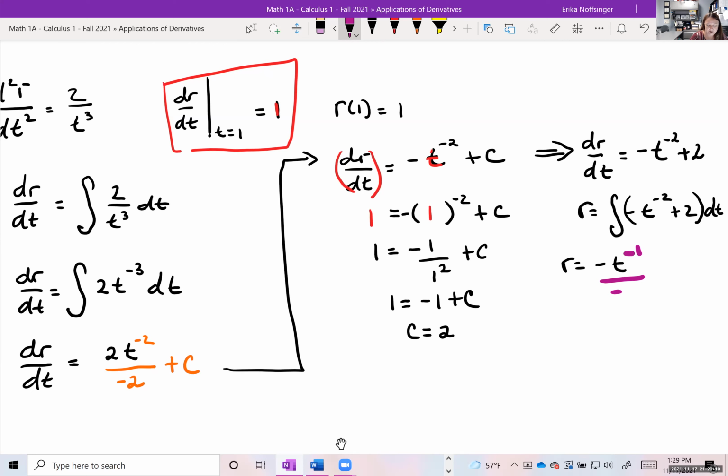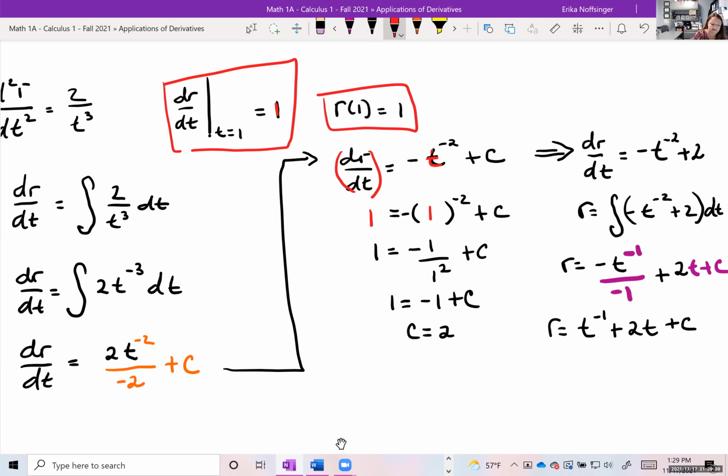Divide by our new exponent of negative 1, plus the antiderivative of 2, which is 2t. And then we have to add our c. So r is negative over negative, so that's t to the negative 1 plus 2t plus c.